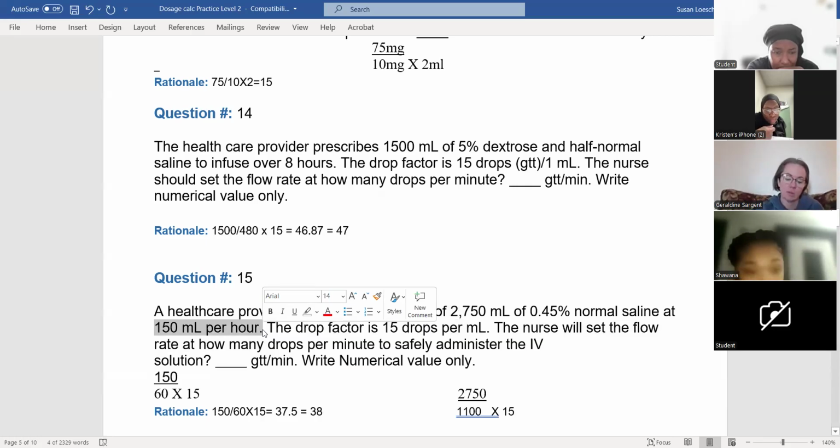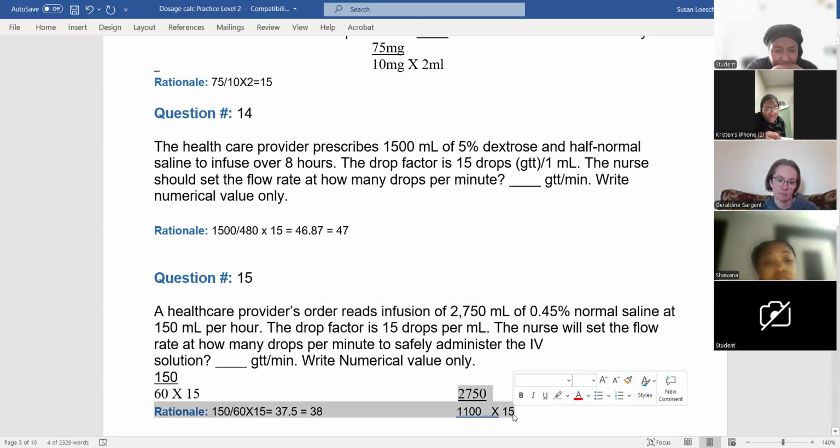Anybody not understanding that? I suggest that you do it always the same way. Okay? If you're doing it always the same way, then you're going to use this method.